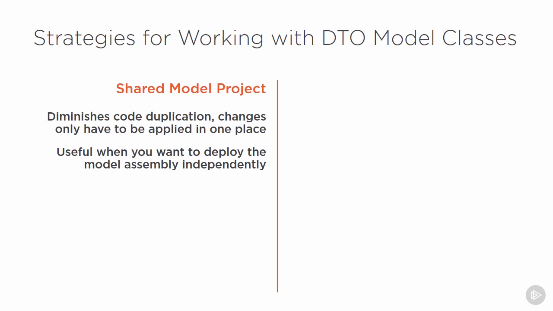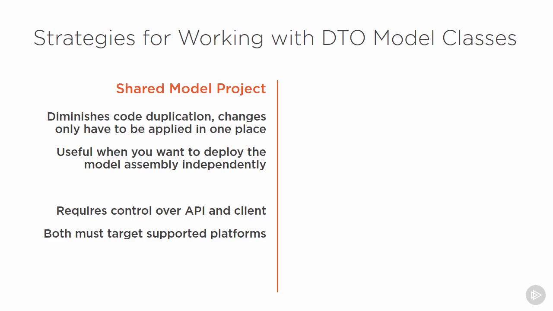It's also useful when you want to be able to deploy the model classes independently. A shared project results in an assembly, and that's a unit of deployment. So this is a good approach when you are in control of both the client and the API, and when both are built on platforms that allow referencing the project.